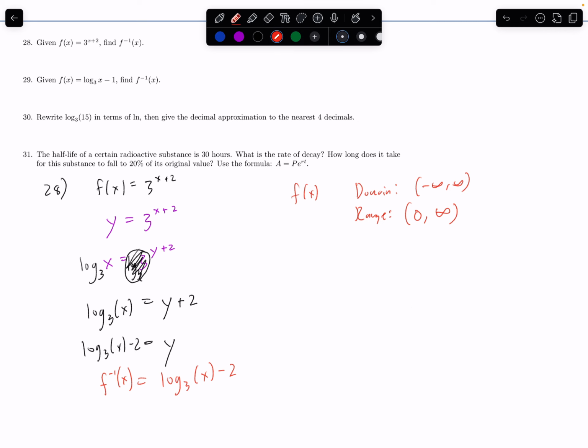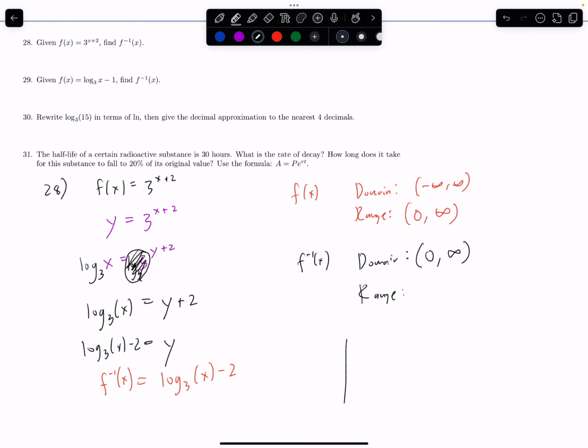Okay, what about the inverse function? So inverse function, let's take a look. This time the domain is anything that makes sense, right? The thing that makes it not make sense is if that inside is negative. So the domain is from 0 to infinity. You see that? And what about the range?